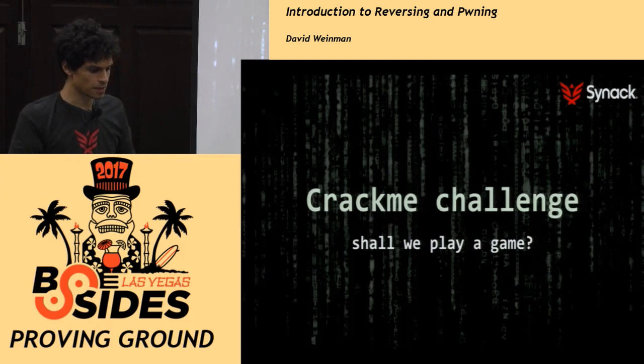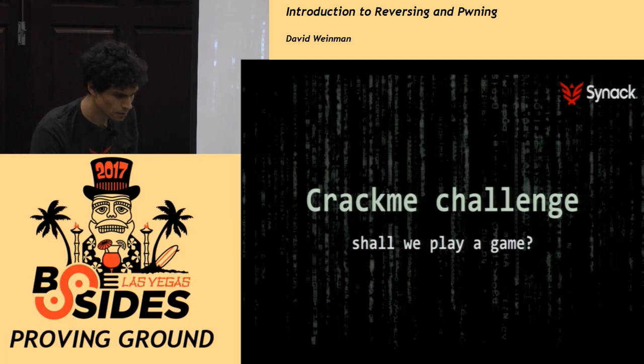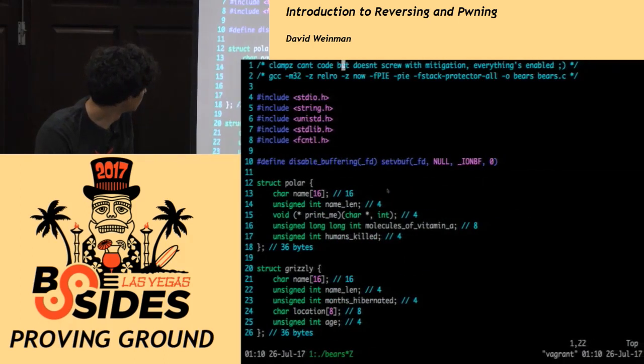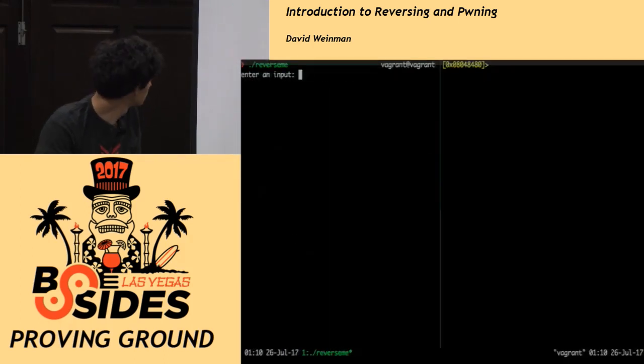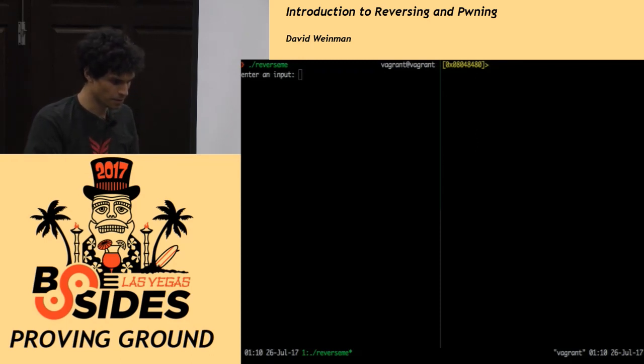So now that we have the basics down for looking at assembly, let's try our hand at a simple crackme. On the left here, I'm interacting with this reverse me binary, and on the right, I've got a disassembler open. This is called Radare, and it will look a little unfamiliar at first, and I'll introduce pieces of it, and it'll start to become more familiar as I move along.